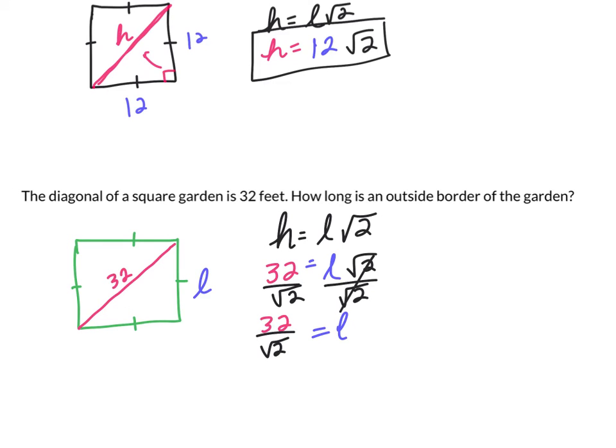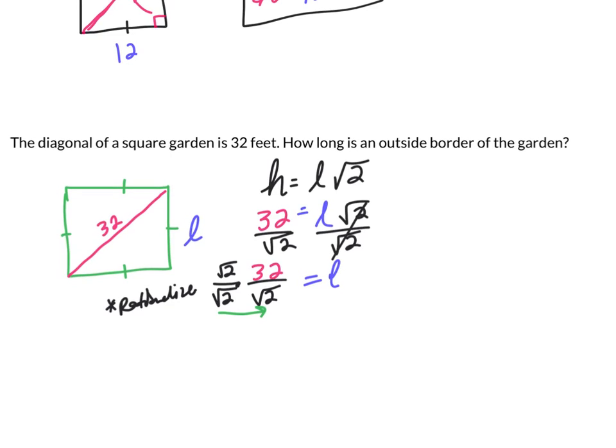And then here we need to rationalize. Okay, so we multiply by square root of 2 over square root of 2. As we go straight across, or left to right, we are going to have 32 square root of 2 over the square root of 4, which is the same thing as 32 square root of 2 over 2, because the square root of 4 is 2.